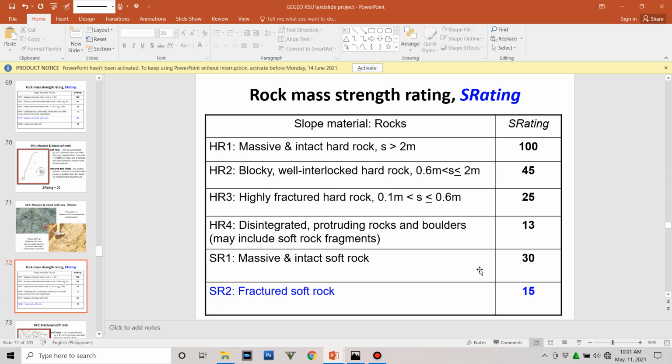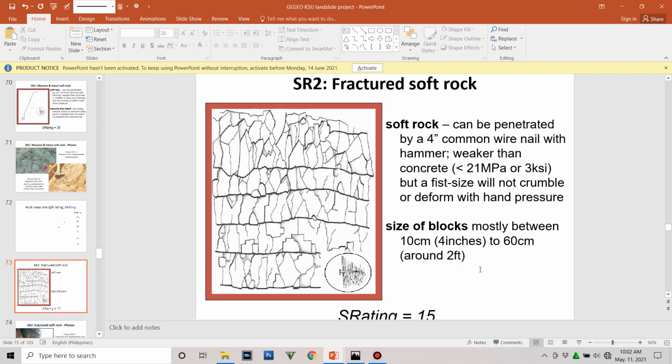And by checking the material by hand pressure, you can now distinguish a hard rock and a soft rock.